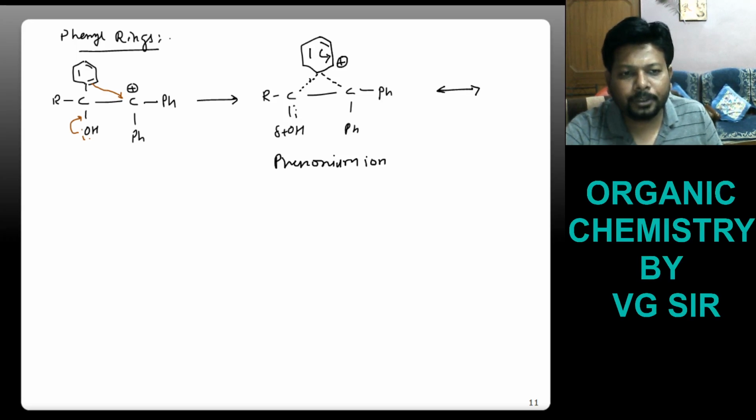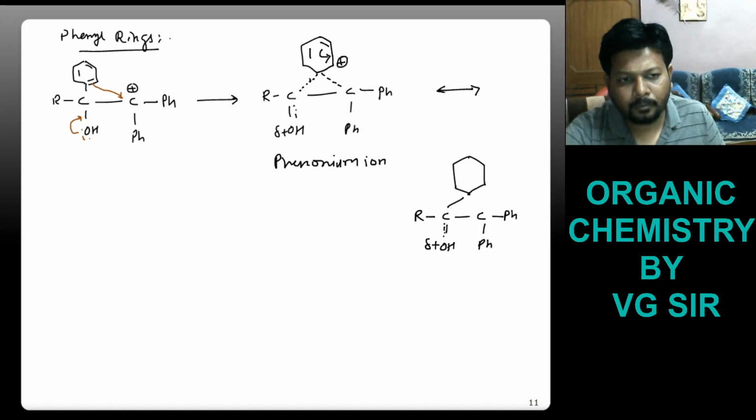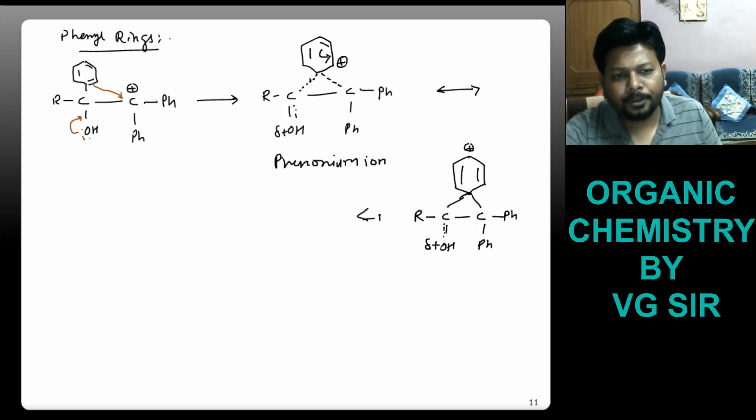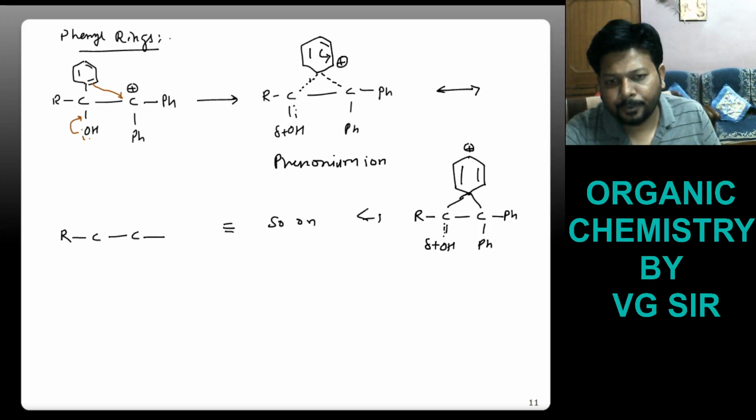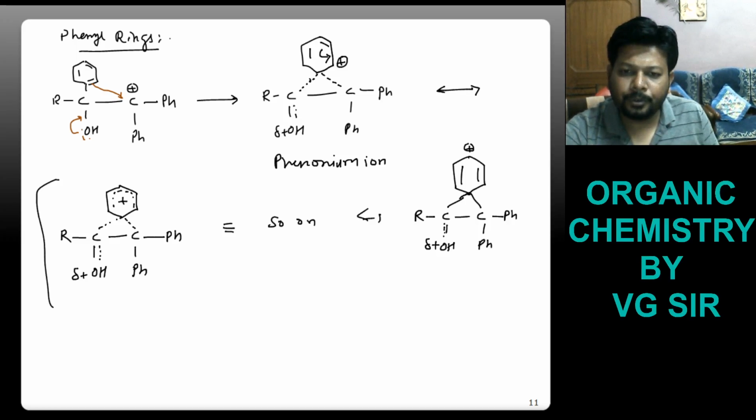Like if this bond comes over here, then you will get this, and again, so overall you will have this sort of structure, which is known as phenonium.